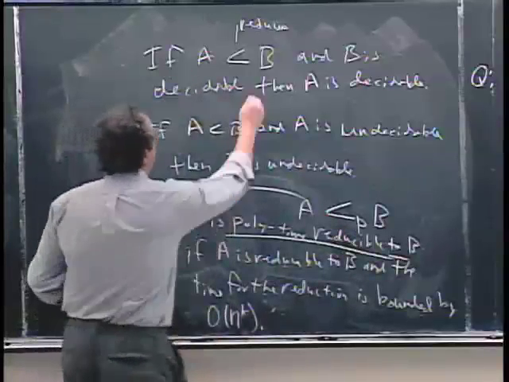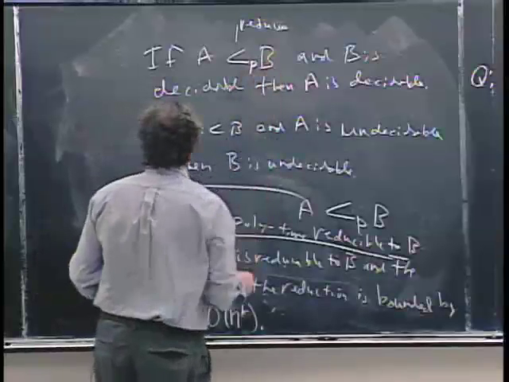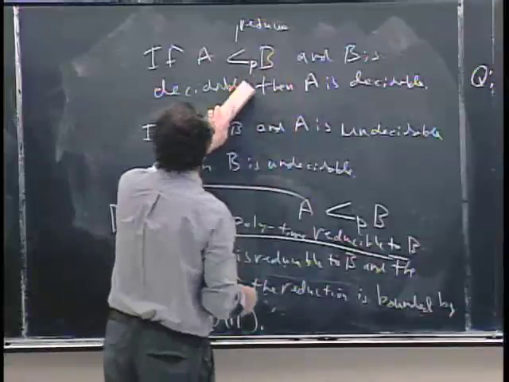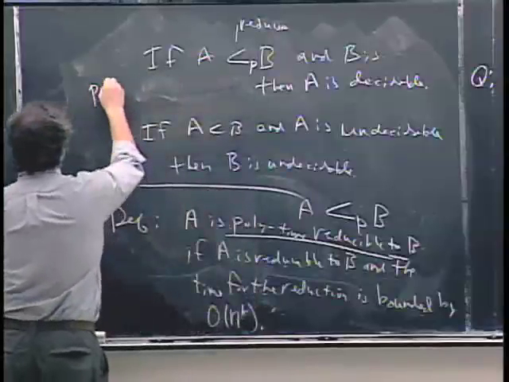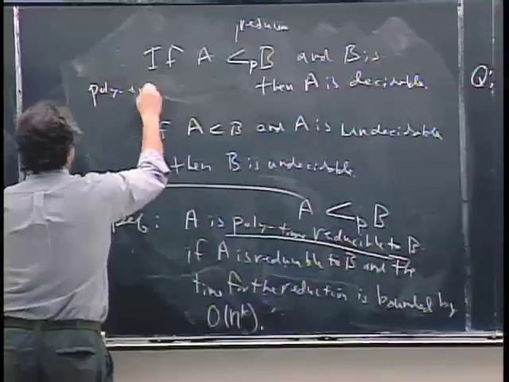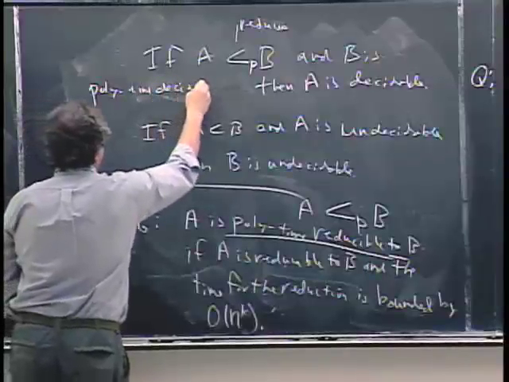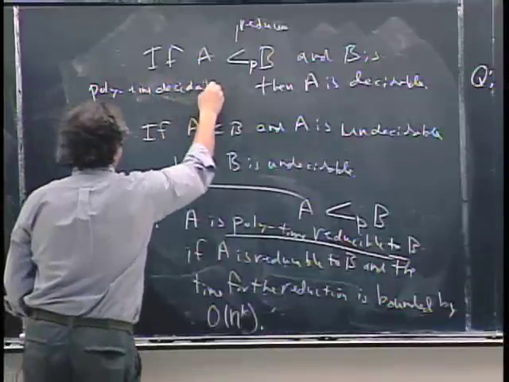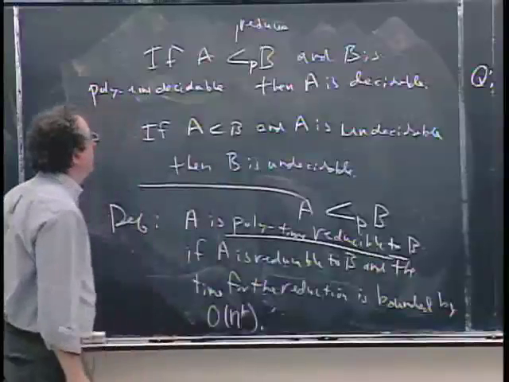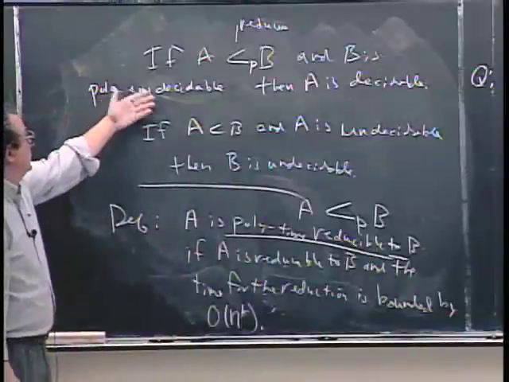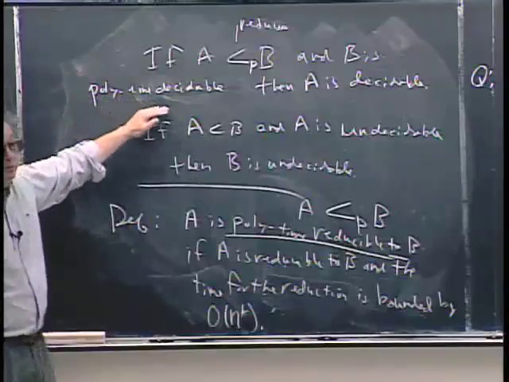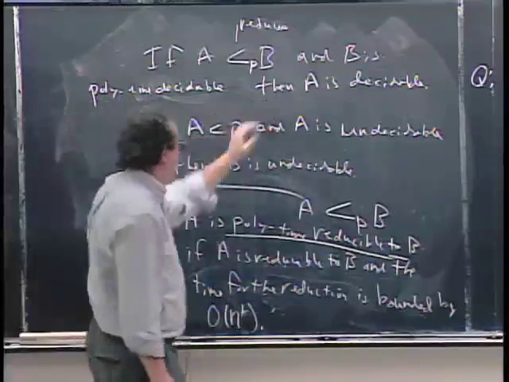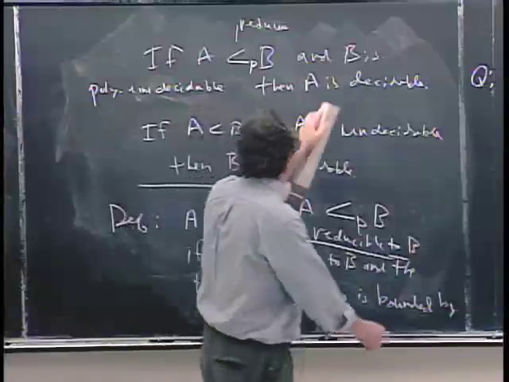So now I can modify some of these. If A is polynomially time reducible to B, and B is polytime decidable, okay, there's some polynomial time bounded Turing machine that decides language B, then A is polytime decidable.